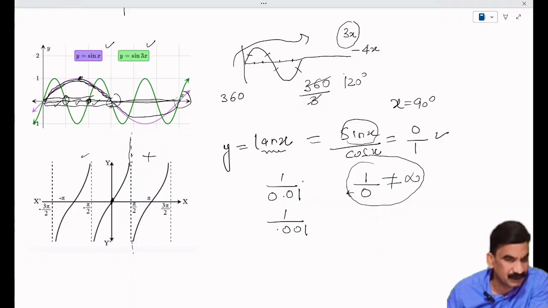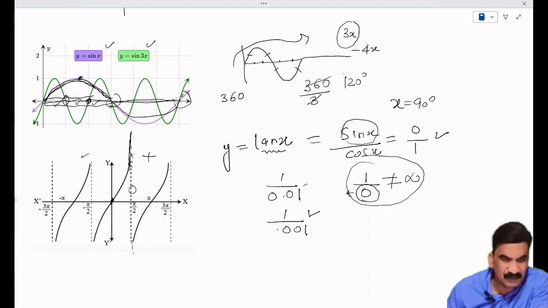Then this value will obviously be much greater. As this number approaches 0, this line approaches, I don't know where, I still won't call it infinity, but it is not defined here, right? So at pi by 2, there is a break.